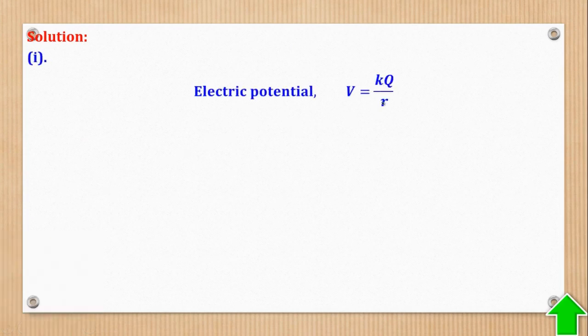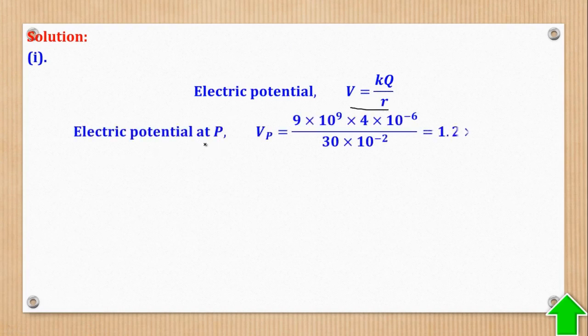So electric potential is given by this formula. Therefore, the electric potential at P is given by that. The charge was this, changed to Coulomb, and the separation was this.